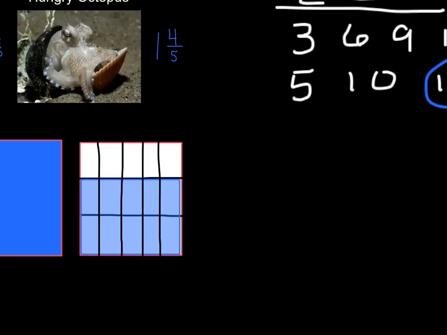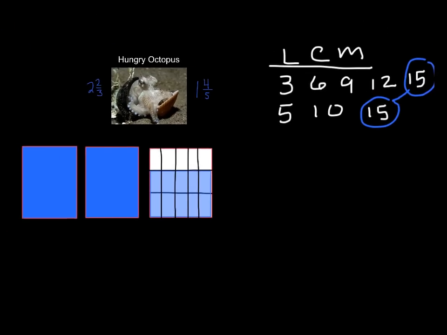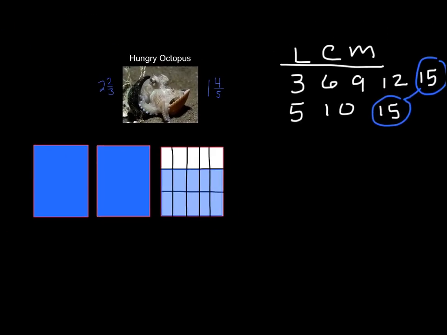So now I have 15ths. So what I'd like you to do right now is go ahead and copy the LCM, the least common multiple, just like I have here, and then turn this last box, this 2/3, into 15ths. I'll wait for you. Fantastic. Let's move on.